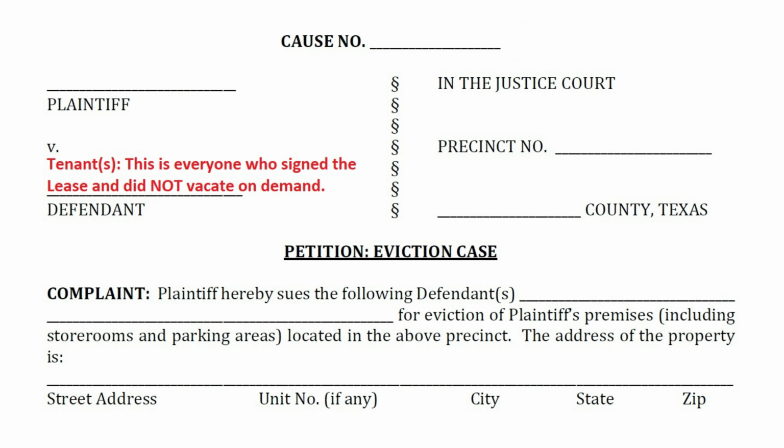Below that is the defendant. Now, generally speaking, you're going to have to name all of the tenants who signed the lease. This is extremely important. It's not a matter of you name the main one or you name the one that you regularly speak with. If 4 tenants signed that lease and all 4 tenants are still in possession, you have to list each of them and sue all 4 of them.